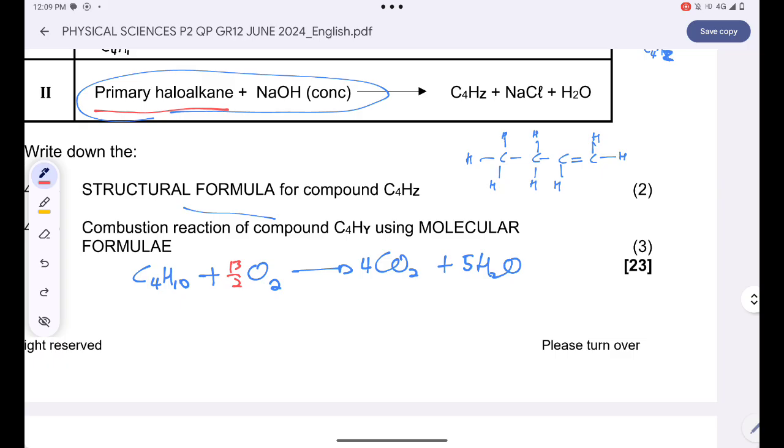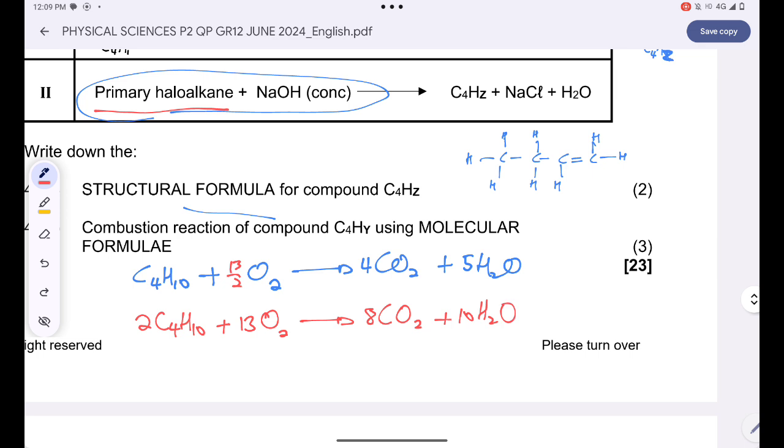So for us to remove this fraction, we just need to multiply each and every stoichiometric coefficient by our LCD. Our LCD is just 2, right? So we'll end up having 2 C4H10 plus 13 O2 gives 8 CO2 plus 10 H2O.